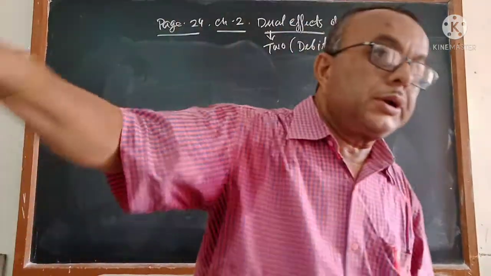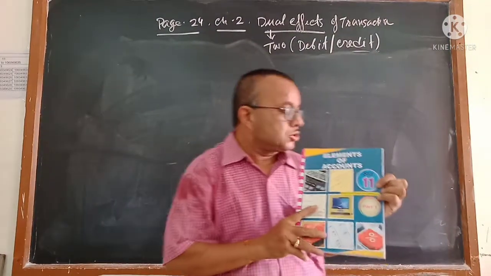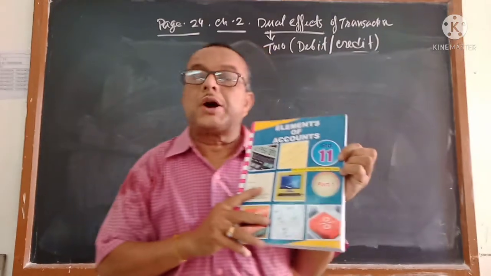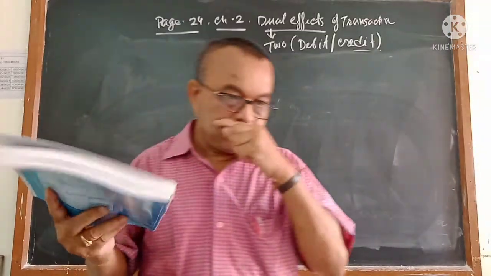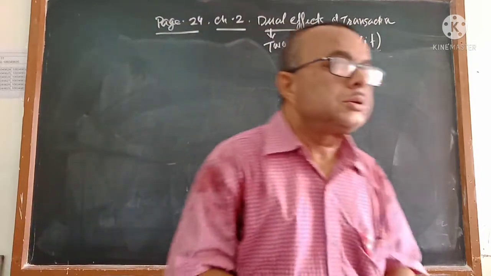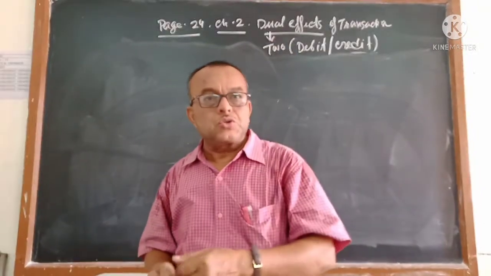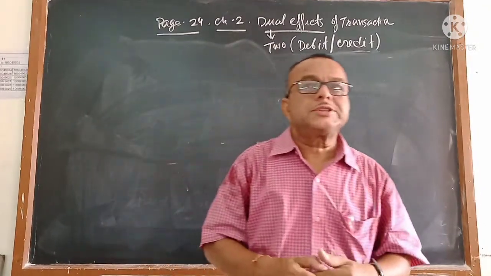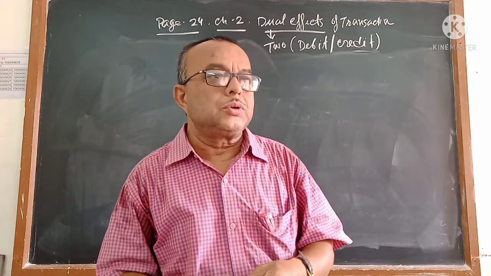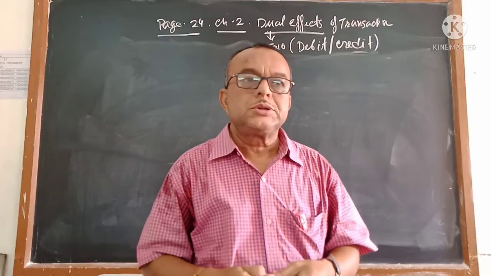Let us start our next video on the basis of elements of accounts, standard 11, part 1. First chapter is over. Second chapter, first video also over. Second chapter, second video. Now I want to explain it in detail.